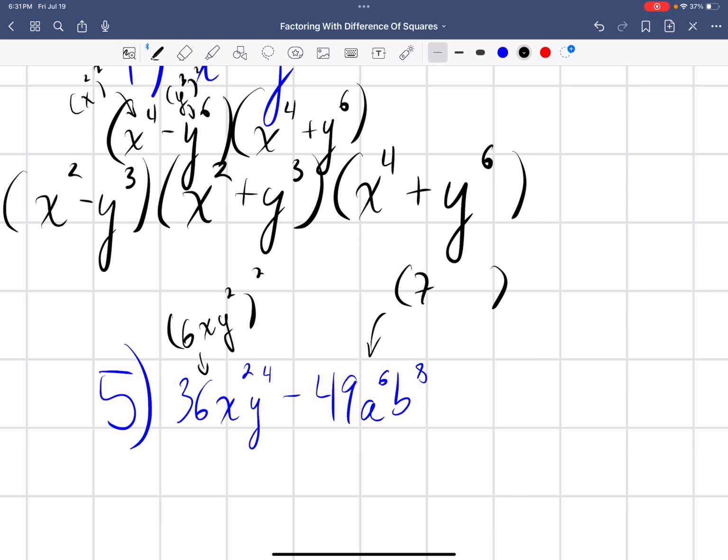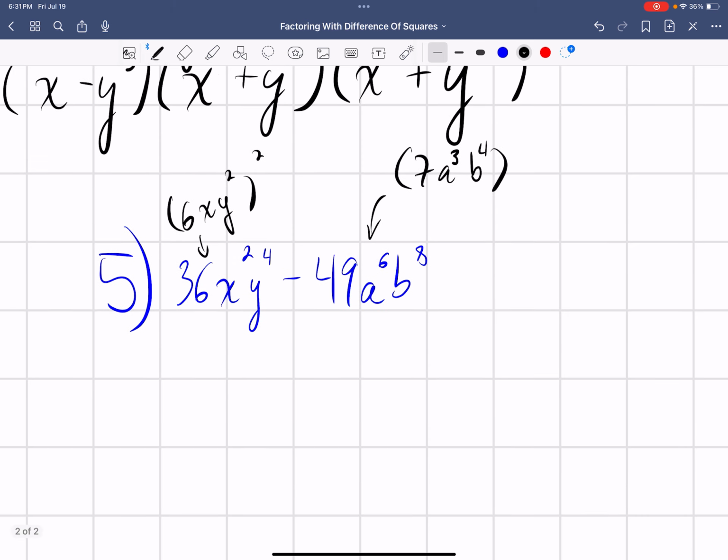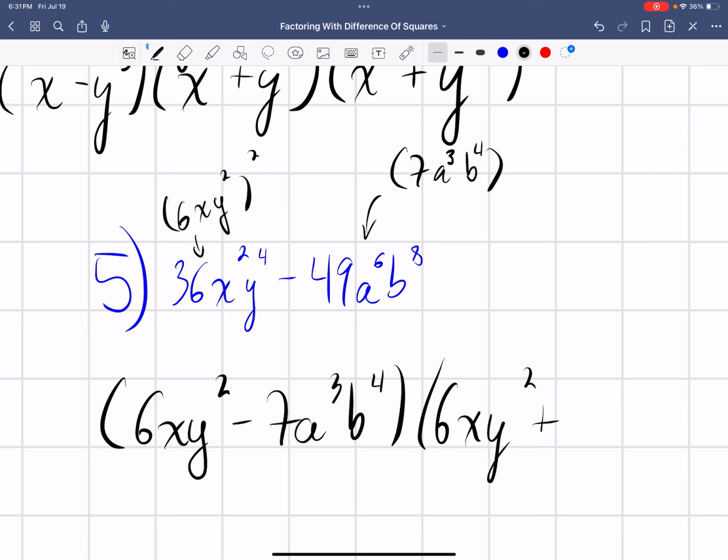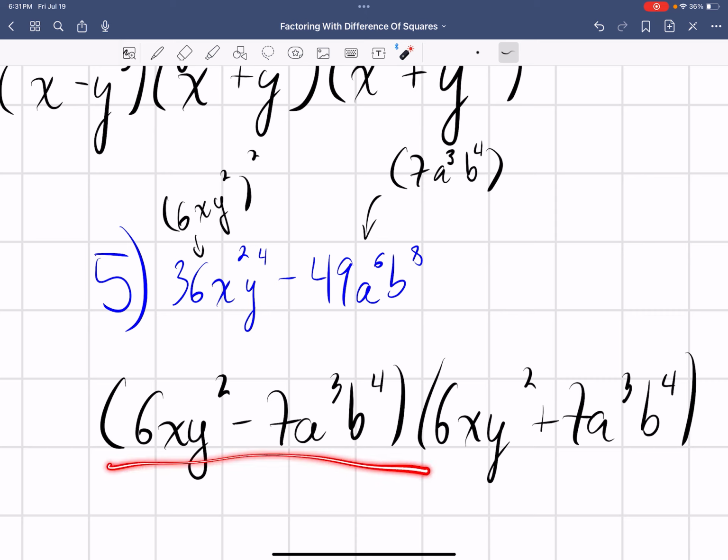That's 7a cubed b to the 4th. And then we just write them out. So that'll be 6xy squared minus 7a cubed b to the 4th times 6xy squared plus 7a cubed b to the 4th. And there's nothing we can do. No more differences of squares. This one's not a difference of squares because of the 6 and the 7. They're not squares. A cubed you can't write as a square.